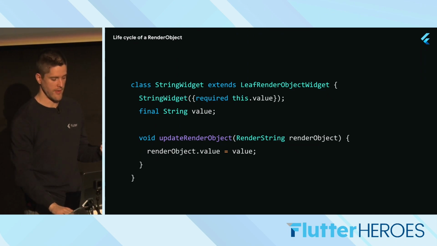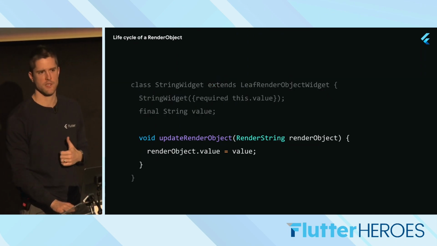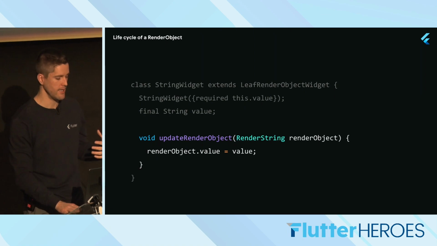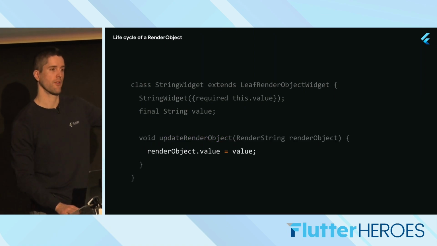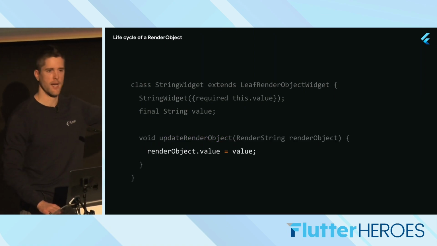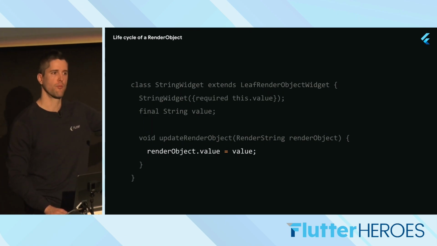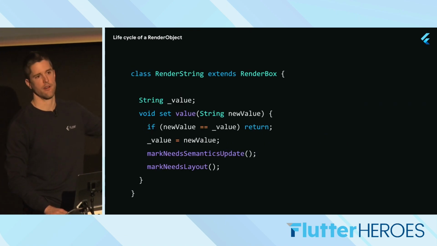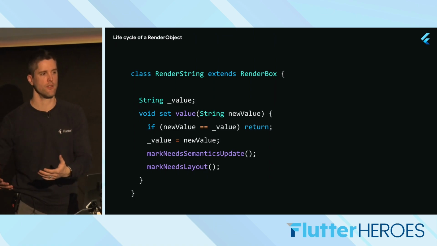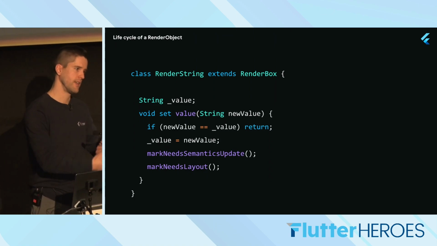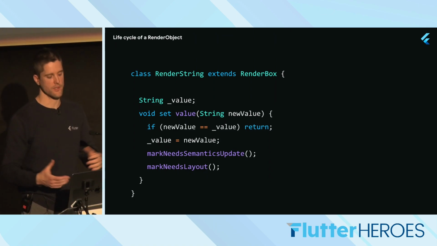We can see here in that method, the render object is being passed in to the brand new widget, and this line is where the widget just very simply plops all of its values right on the render object, and that .value property is the magic setter that we've been writing. So if the value is new, then all of the machinery kicks into place and Flutter is ready to update.